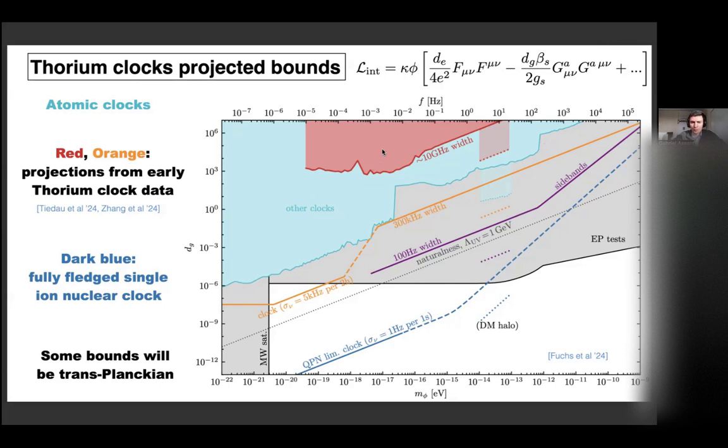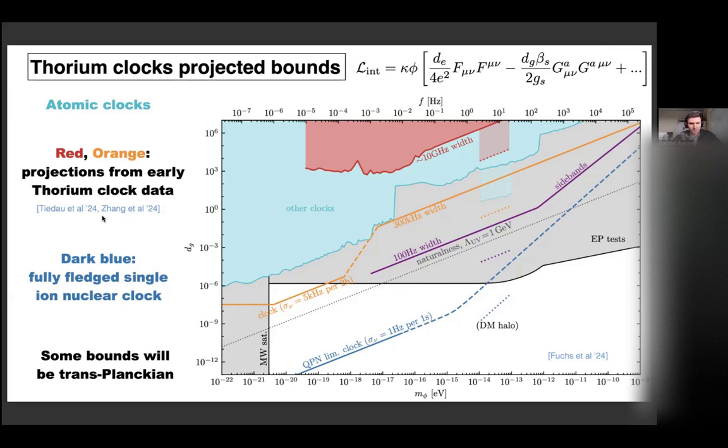Now, anything that's red, orange, or purple are projected bounds on this dg coupling from thorium clocks based on the data that was taken from very recent 2024 papers of people that managed to excite this nuclear transition in thorium.